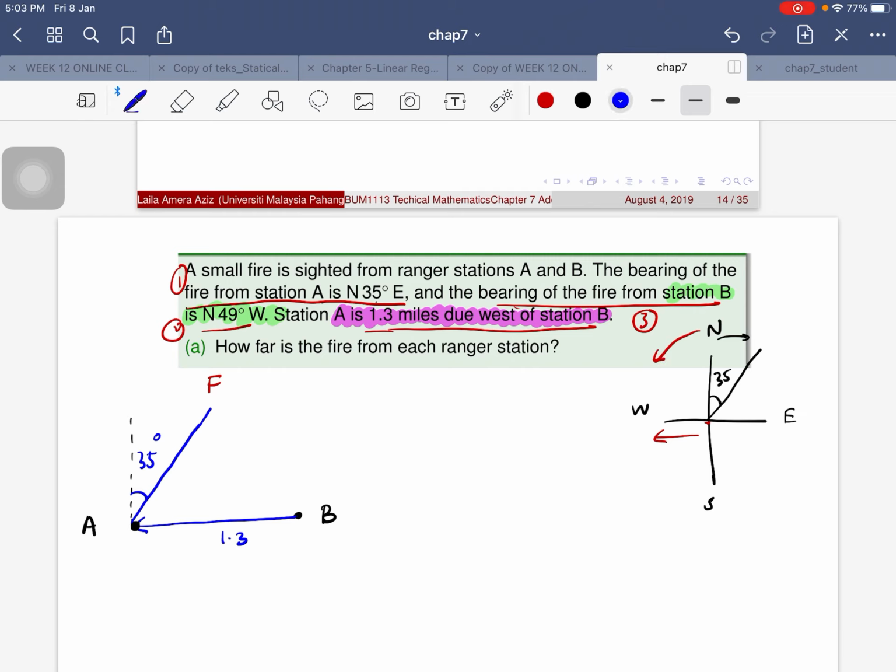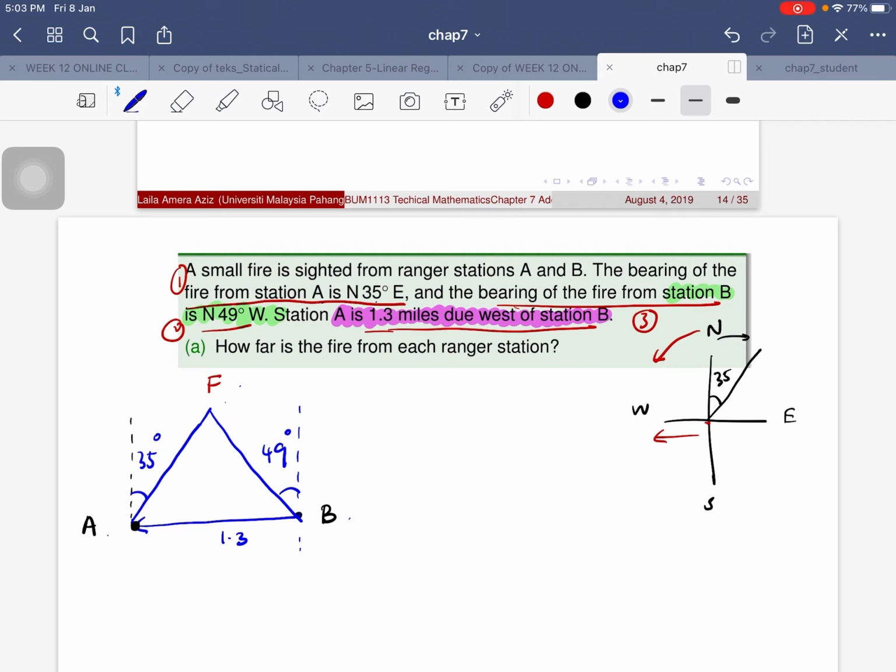So if I make a straight line over here, I'm going to assume, no, it's not going to be 35, it's going to be 49. So it's going to be a little bit more than what we have previously, about 49 degrees. So this is how the location actually looks. It's going to be a triangle, with stations A and B, and this is the location of the fire.